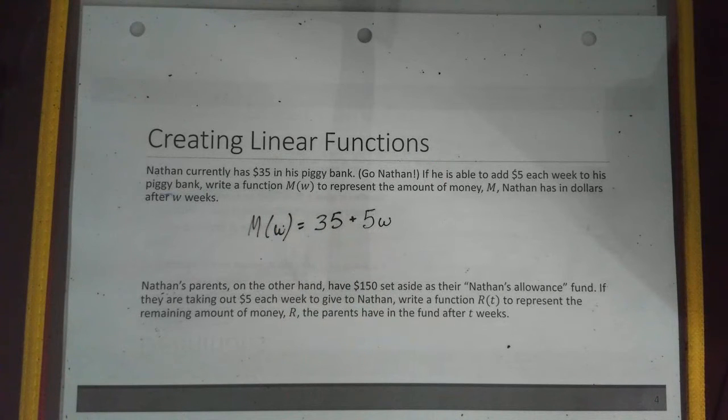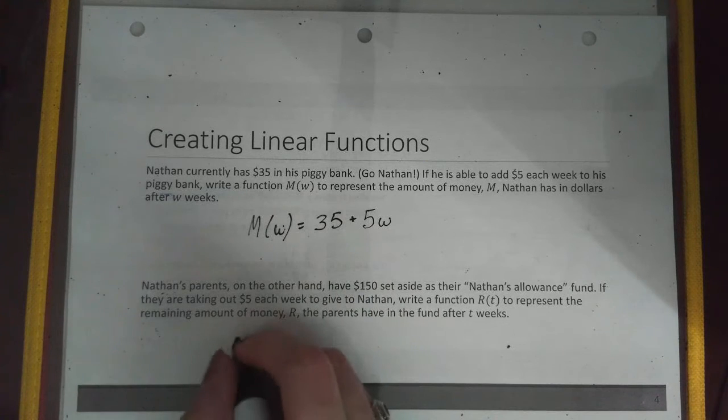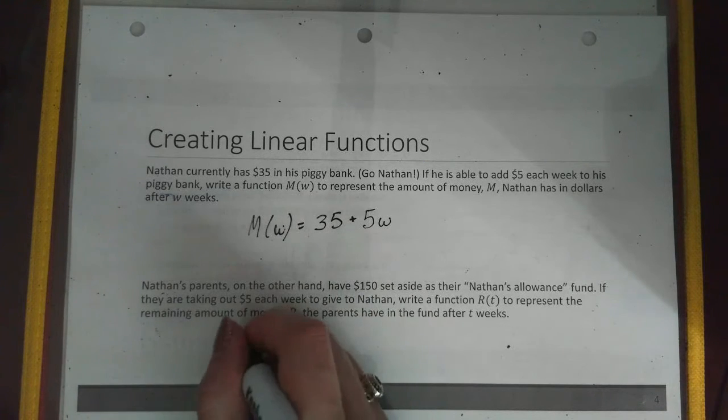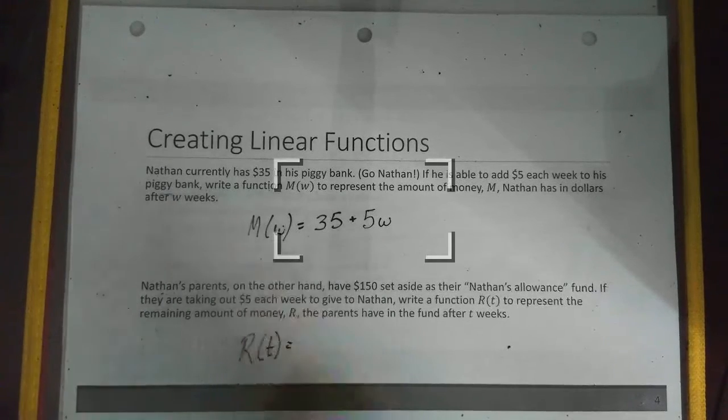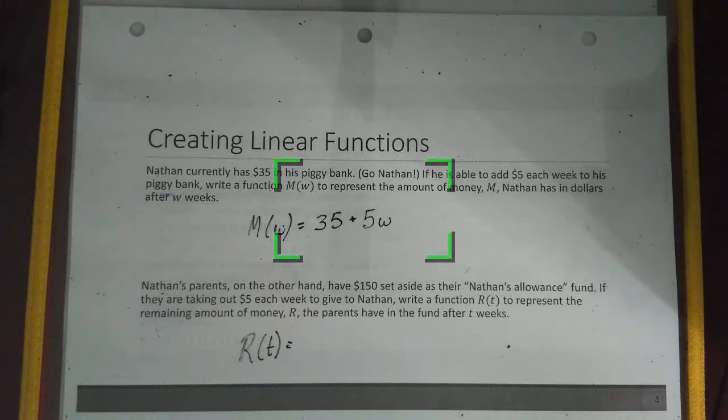For the second part of this example, it says Nathan's parents, on the other hand, have $150 set aside as Nathan's allowance fund. If they are taking out $5 each week to give to Nathan, write a function r of t to represent the remaining amount of money r the parents have in the fund after t weeks. So this time we're writing a function r of t, and that's the amount of money remaining.